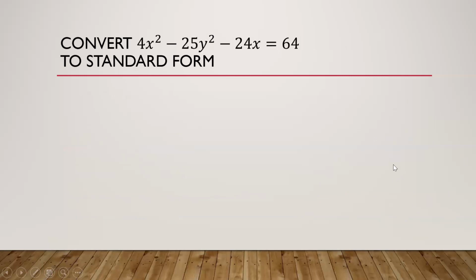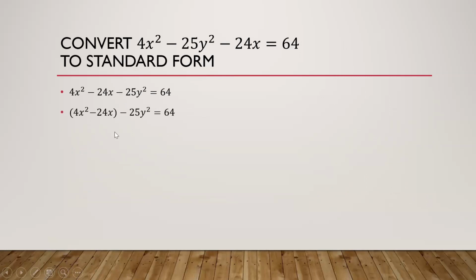Next, 4x squared minus 25y squared minus 24x equals 64. This equation is pretty simple. We simply have to regroup or rearrange the terms since the constant number is already isolated.